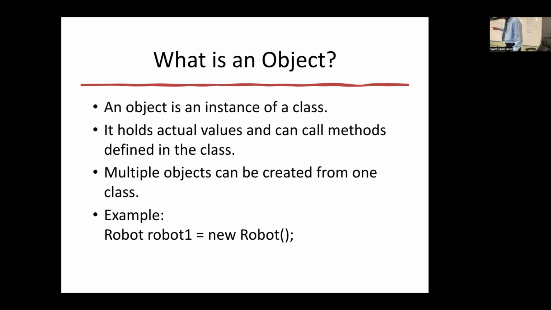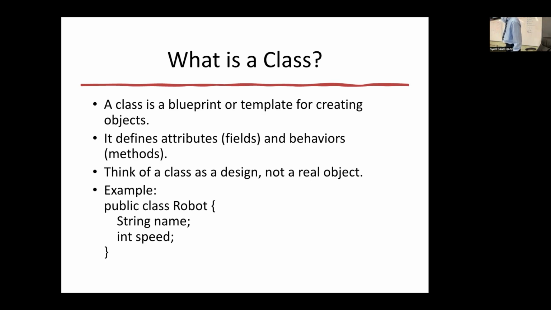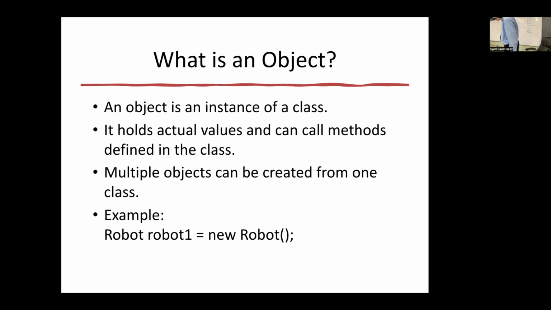Robot, which is the name of my class. robot1, which is the name of my robot, equals new, meaning I want to get a new memory so I can load all the properties of robot in it.